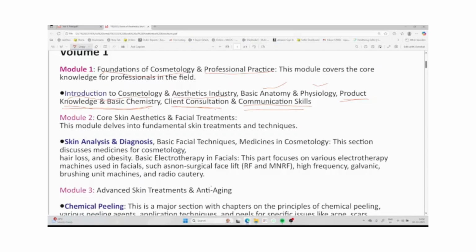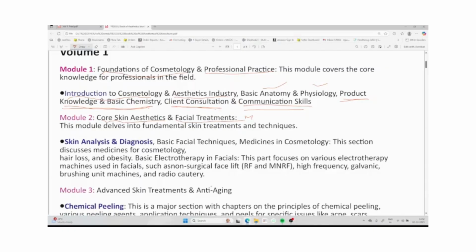Now module 2 will focus on core skin aesthetics and facial treatments. So the basics of the facial treatments that are done are there in module 2.